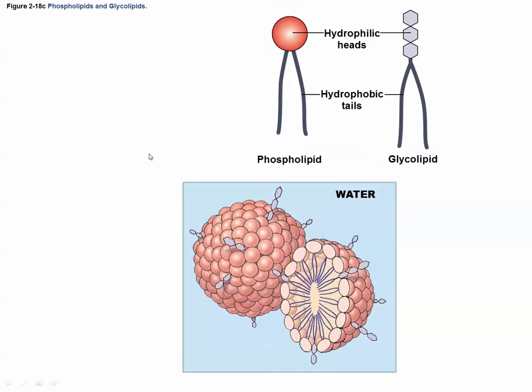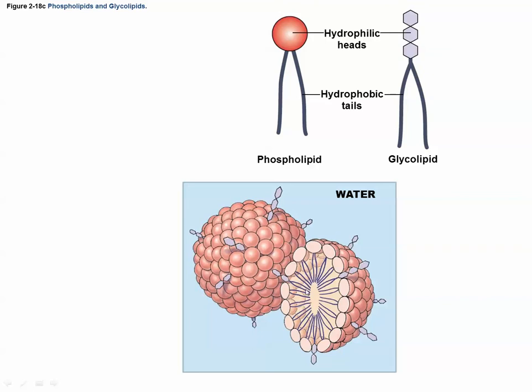All right, so remembering how these phospholipids and glycolipids behave if you just throw them in water, what do they do? They form these micelles, remember? So you have your hydrophilic heads oriented toward water and the hydrophobic tails oriented toward one another.